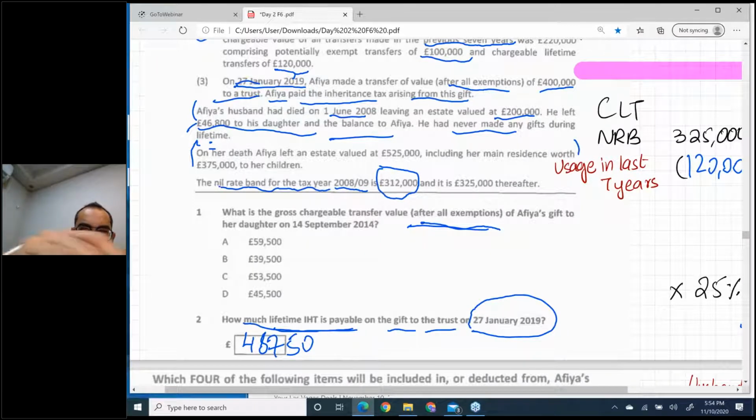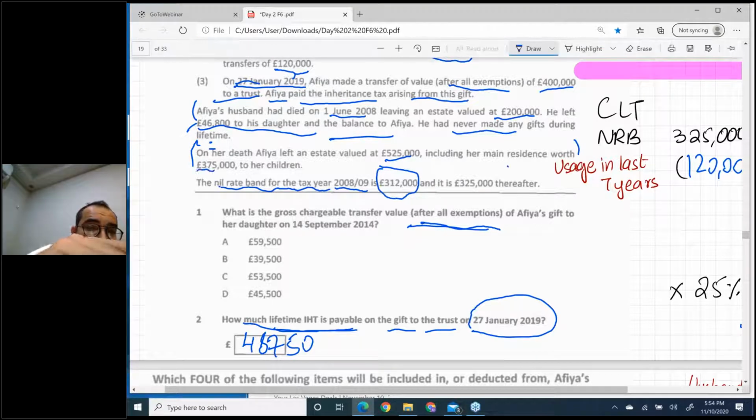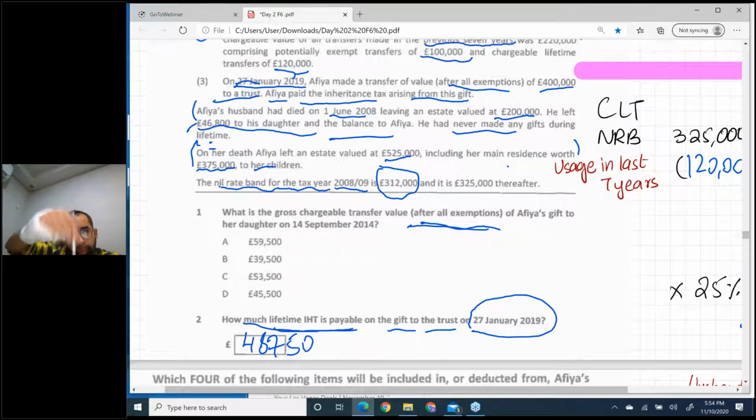On her death, Afia left an estate valued at 525,000, including her main residence worth 375,000, to her children, going downward in the generation. Main residence, plus she died after 6th April 2017. So all conditions of residence NRB were met by Afia, right?